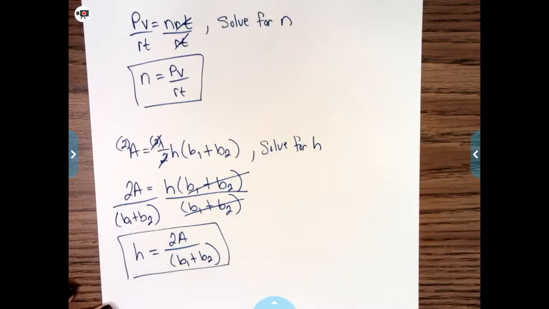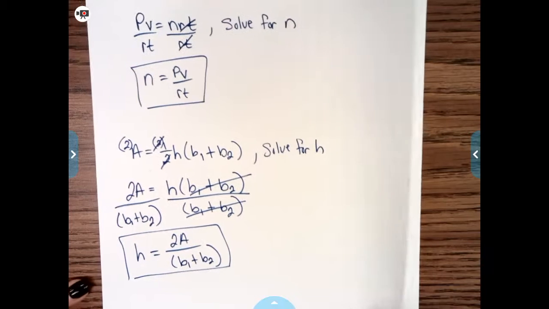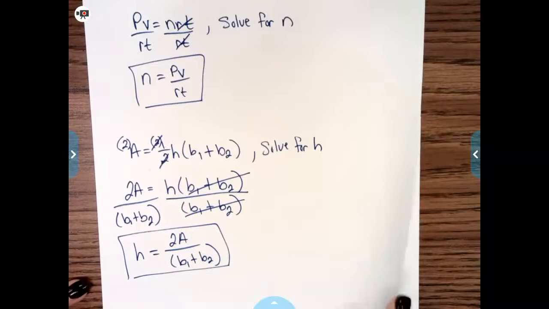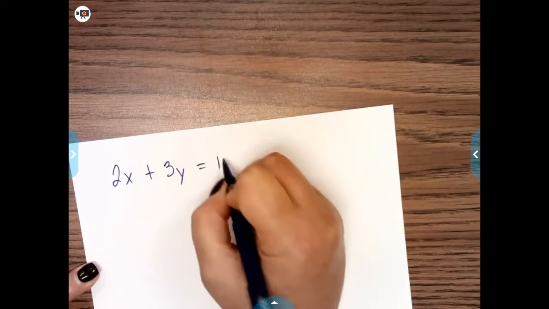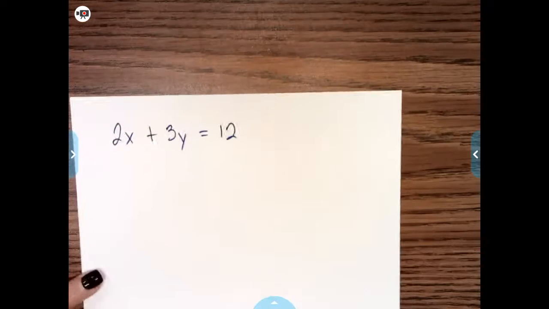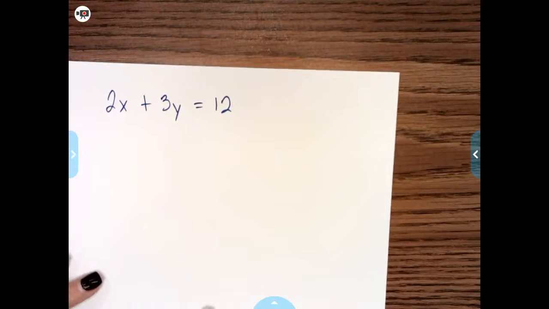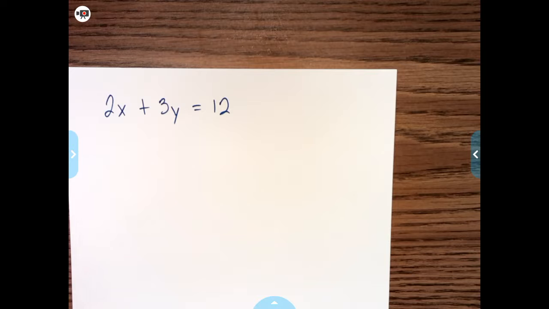Okay, so when do we use literal equations? Why is it important to learn them? Well, when you are working with linear equations, more specifically you may remember learning the slope-intercept form in Algebra 1. So that's when we use literal equations a lot.